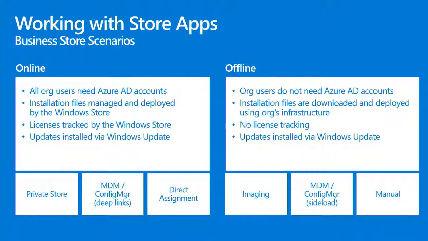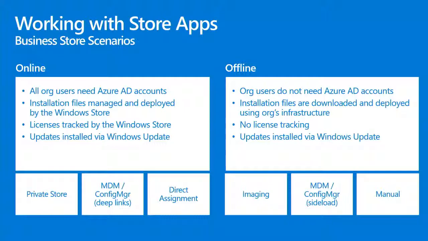So when we break it down, these are the scenarios that we're talking about. Two big categories at a high level, online and offline. Online means we're going to be using Azure Active Directory. So if you've got Azure Active Directory in place and all your users have Azure Active Directory accounts, great, you can use these online scenarios.